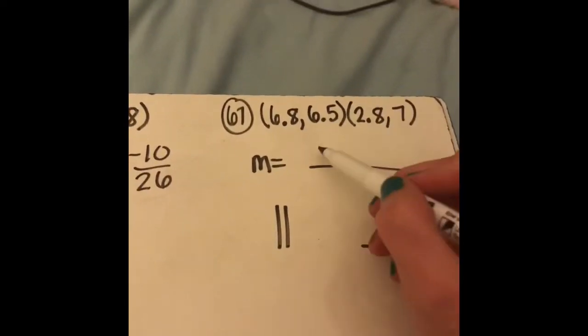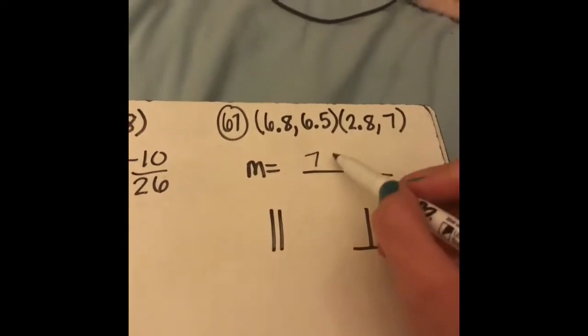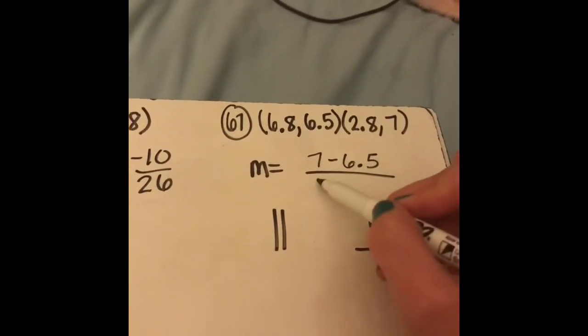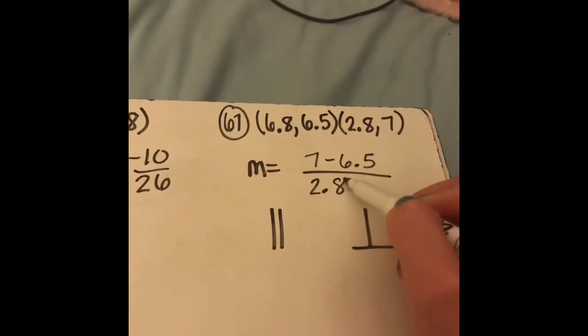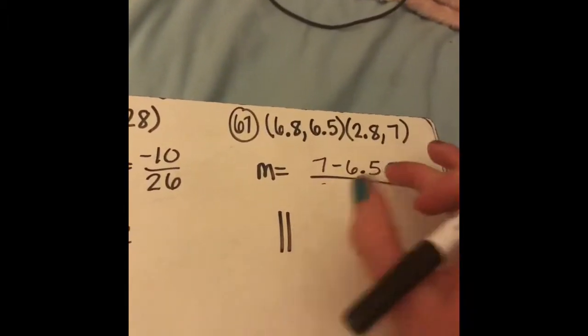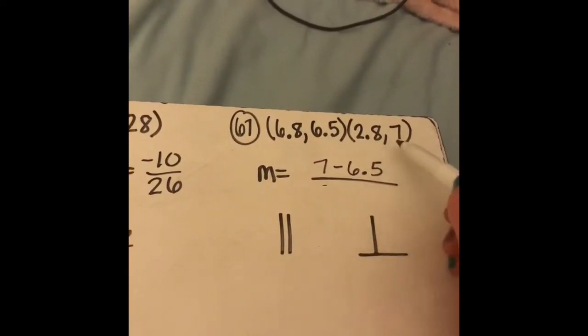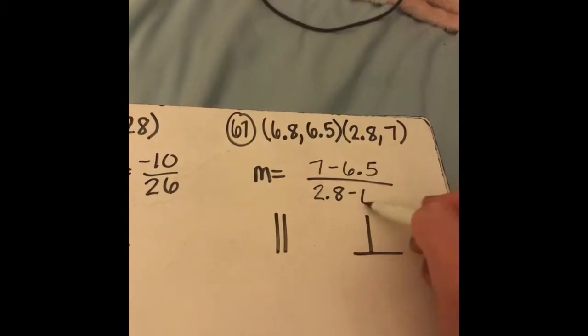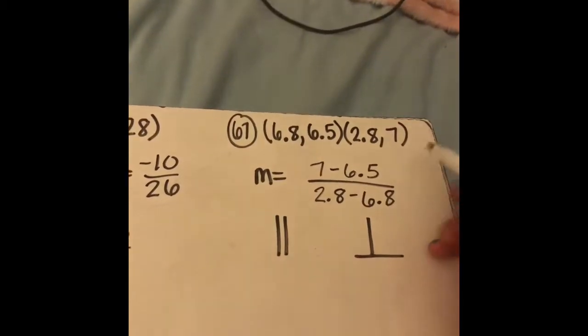We have 7 minus 6 and 5/10, then 2 and 8/10 minus 6 and 8/10.